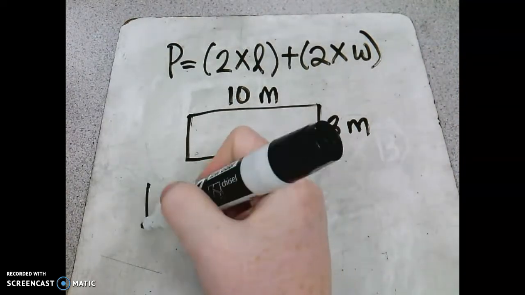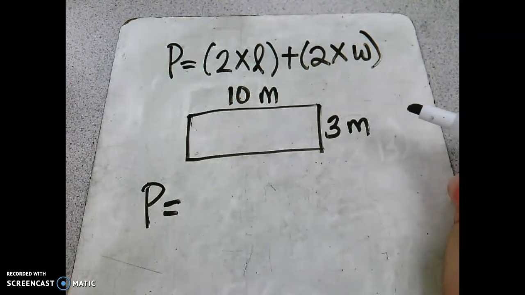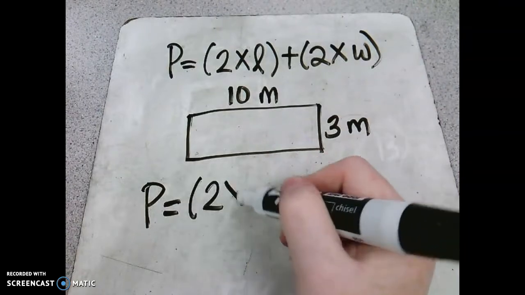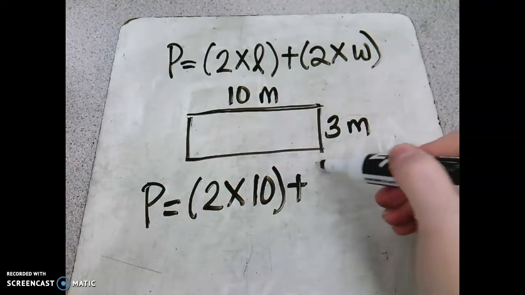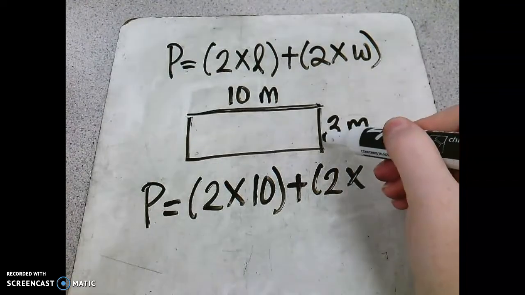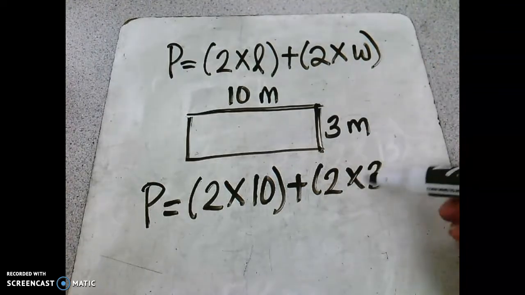Okay, so let's plug these numbers into our equation. We have 2 times L, which is 10, plus 2 times W, which is 3.